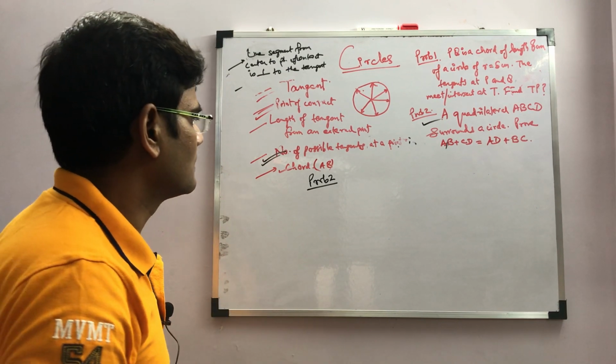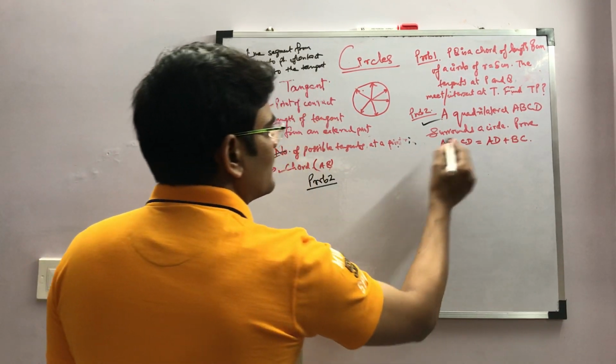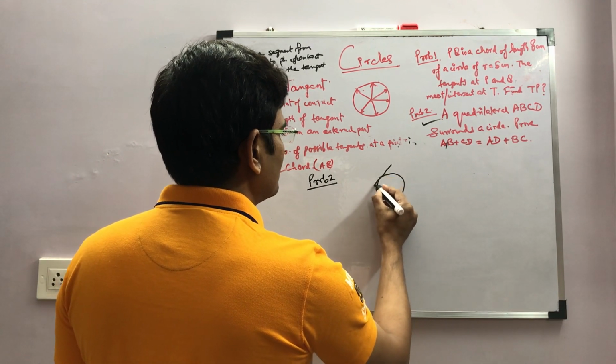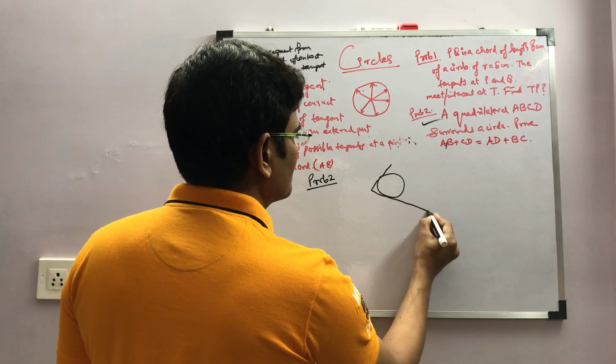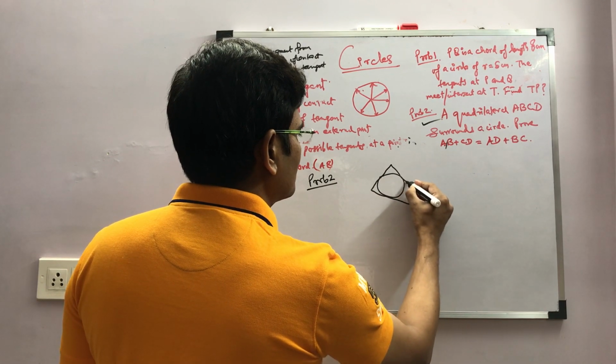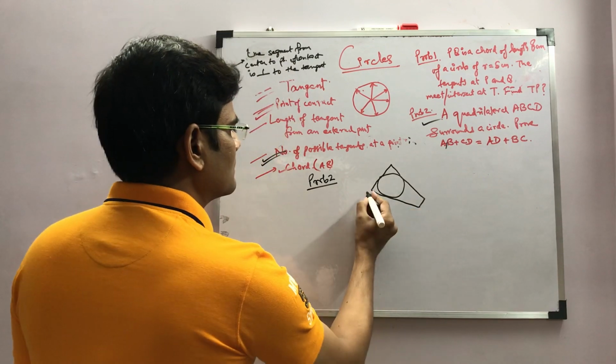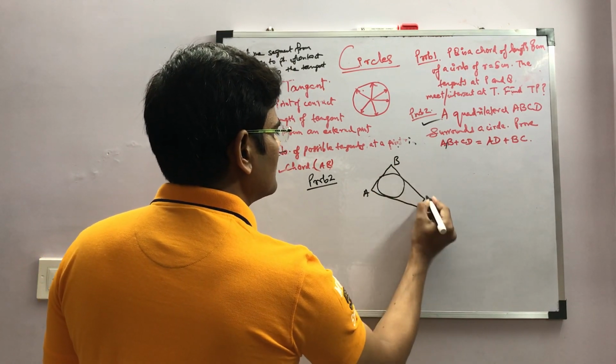So try doing that. A quadrilateral ABCD surrounds a circle. So there is a circle and there is a quadrilateral surrounding the circle. This quadrilateral's name is ABCD.